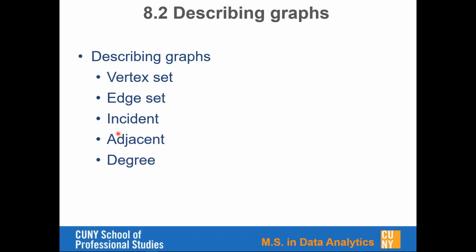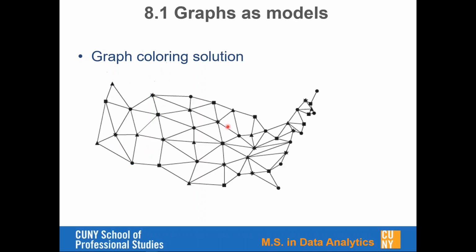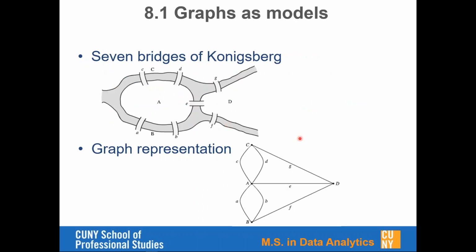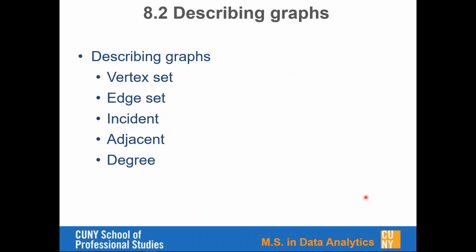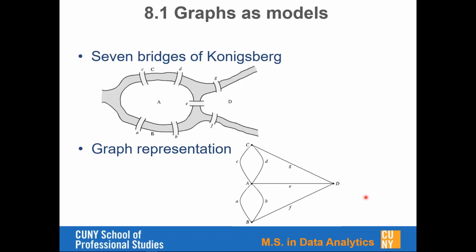And then how to describe a graph? You can use a vertex set. As we said, all the nodes are considered to be a vertex. In this case, if we go back there, we have a vertex set of capitalized A, B, C, and D. And then we have the edge set. Edge set would be the lowercase a, b, c, d, e, f, g.